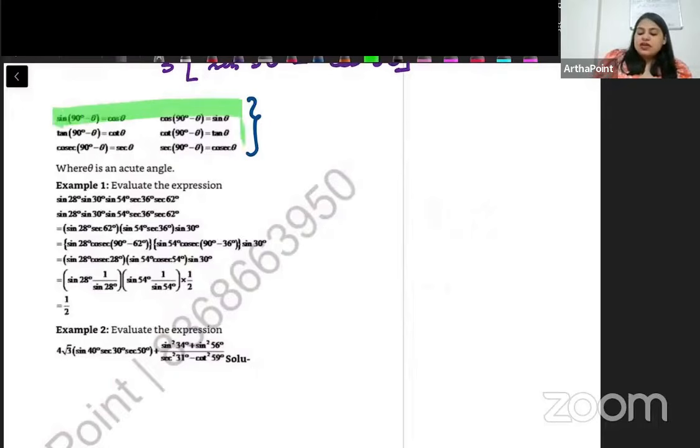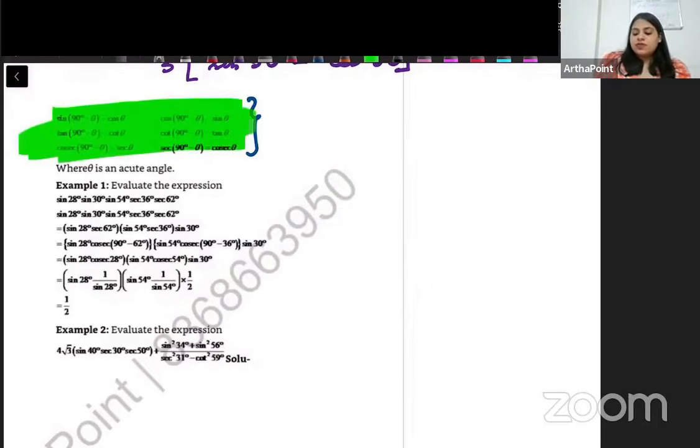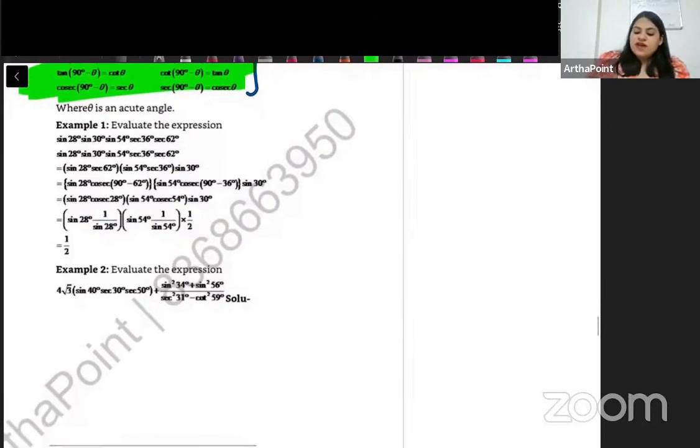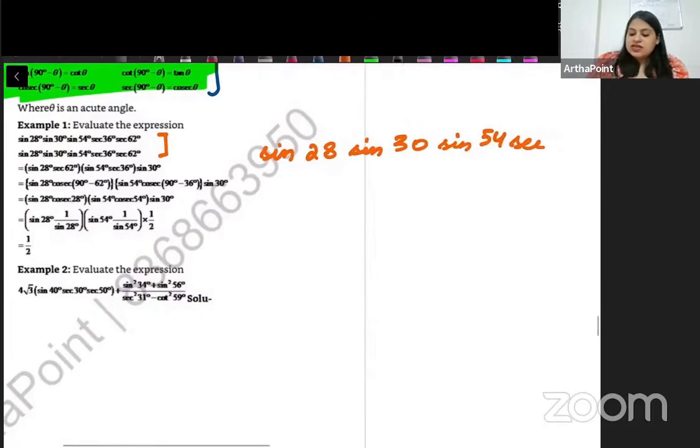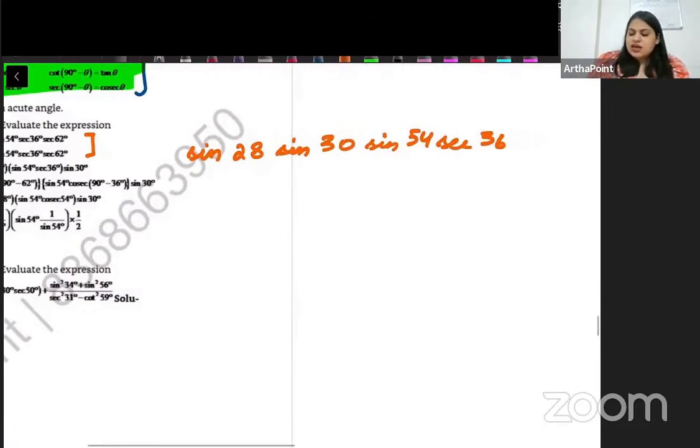Now these are the identities. Let us try to do a question based on it. So the question says evaluate this term. And it says sine 28, sine 30, sine 54, sec 36, sec 60.